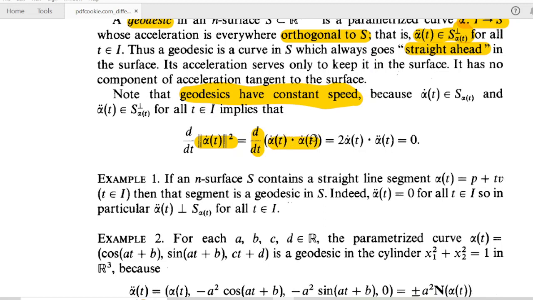By the property of vector fields, we know the derivative of x dot y is: first function dot derivative of the second plus second function dot derivative of the first. That is, alpha dot of t dot alpha double dot plus alpha double dot dot alpha dot. So we get 2 times alpha dot of t dot alpha double dot of t. And we know that if alpha is a geodesic, then acceleration should be perpendicular to our curve, perpendicular to our surface, and so it will be perpendicular to our tangent vector also. So the dot product of these two will be equal to 0.